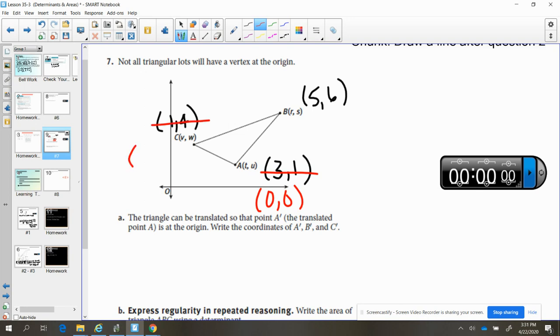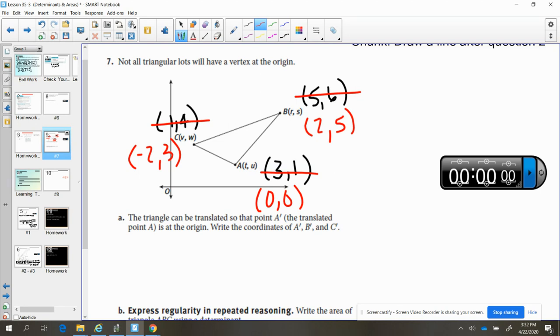So if we do that same thing over here, subtract 3 and subtract 1, we'd be at negative 2, 3. And then over here, we would have shifted this again 3 left and 1 down. We would be at 2, 5. Now we can find the area of this triangle using 1/2 the absolute value of the determinant.